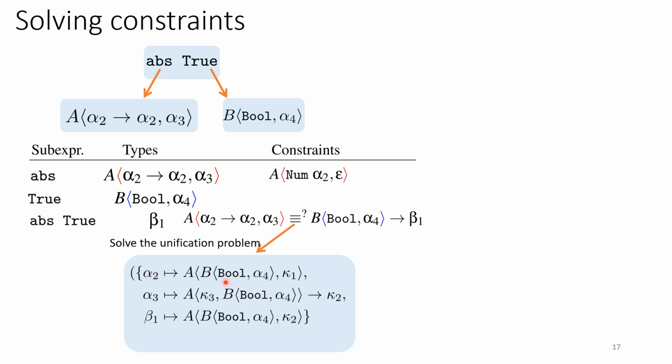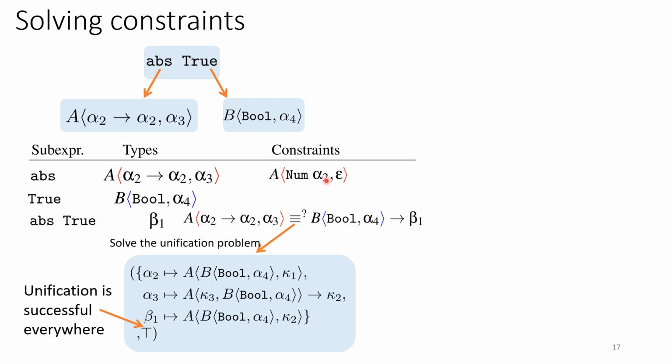The first component is a substitution, and the second component indicates where type inference is successful and where it fails. And in this particular example, since constraint solving is successful everywhere, we use a top sign to indicate that.